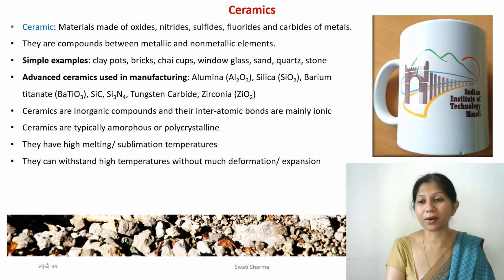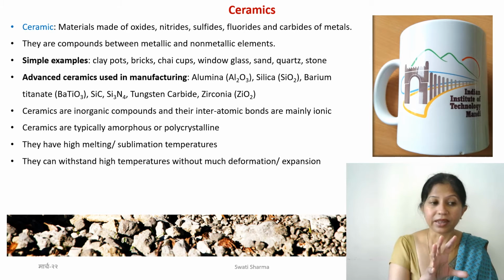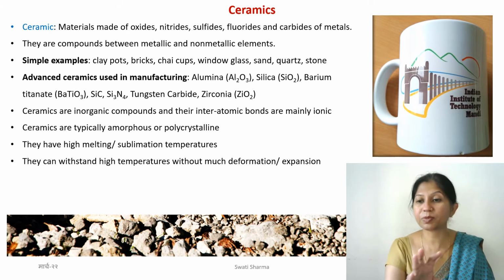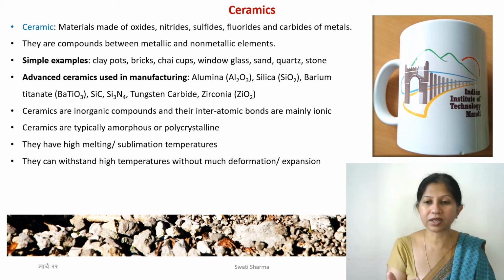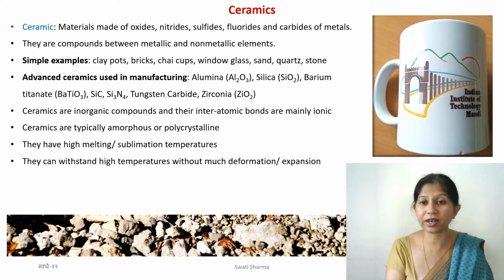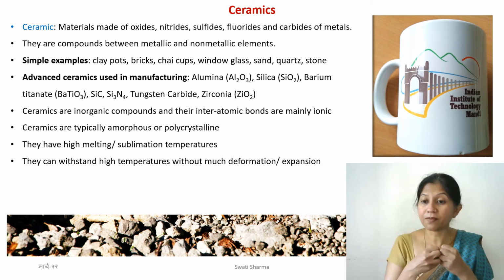Now I'm talking about these opaque ceramics, and just leave glasses out for the time being, because some glasses can melt at a lower temperature. So there we have melting, but in this particular case, the examples that I have mentioned here, alumina for example, can withstand 1600 degrees centigrade and so on without any deformation and without any expansion.